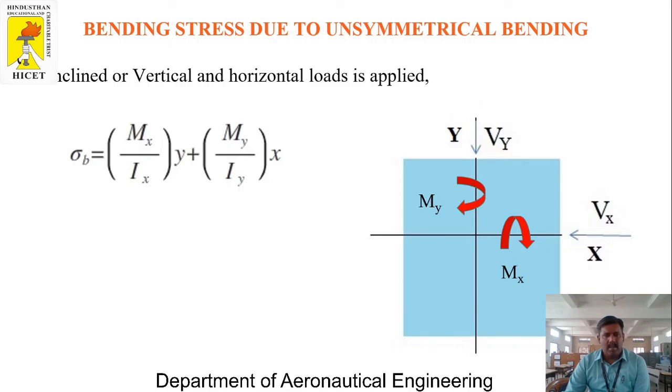This equation is for symmetric bending. But when you are considering unsymmetrical bending, the first and second brackets will not be Mx, Ix alone and My, Iy alone. There will be a combination of Mx, My, Ix, Iy and Ixy.